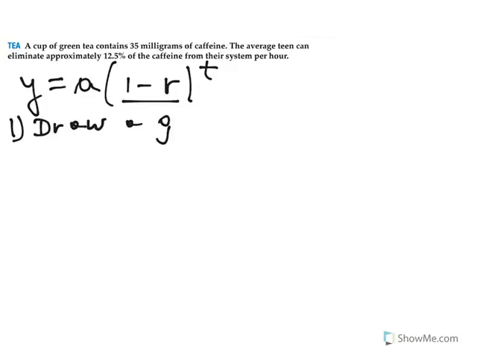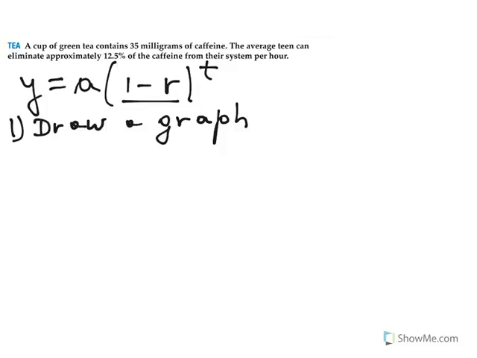And since we are going to draw a graph, we are going first of all to analyze what the problem is giving us and what is the most important information we can take from this problem. So a cup of green tea contains 35 milligrams of caffeine.